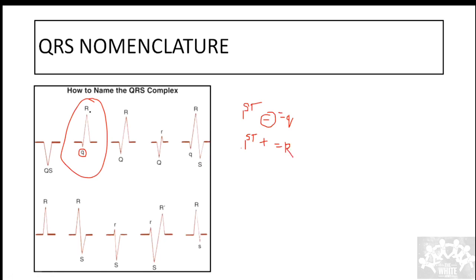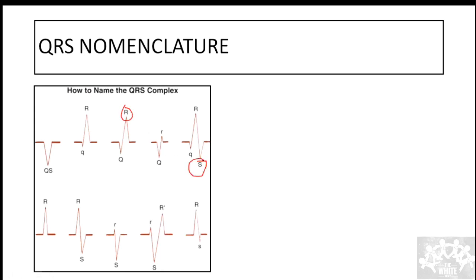And then there is no S. The first negative deflection after the positive deflection is called the S wave. So the first negative deflection is the Q wave, the first positive deflection is the R wave, and the following negative deflection is called the S wave.